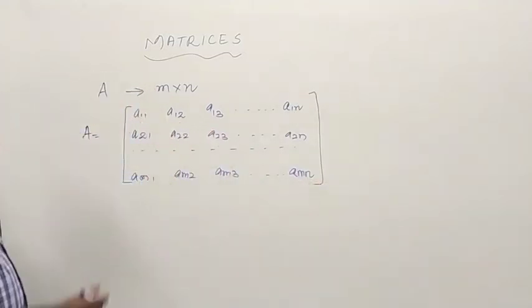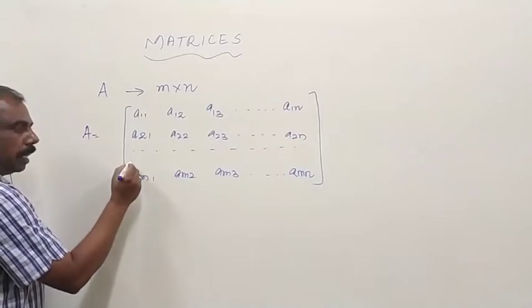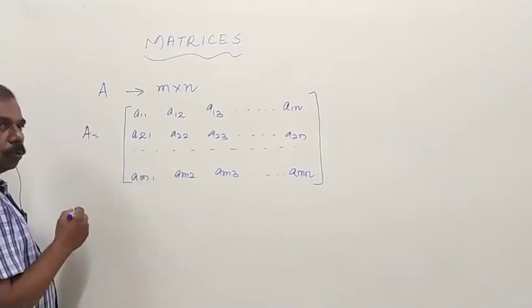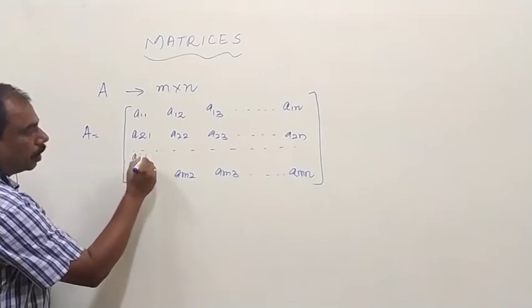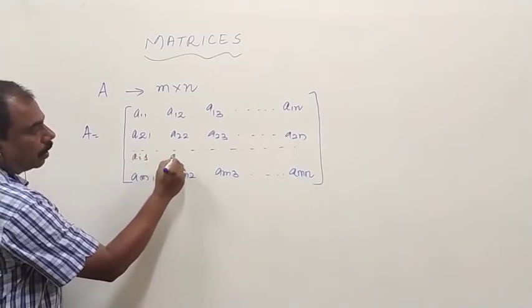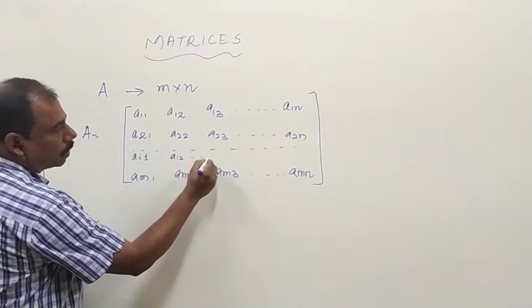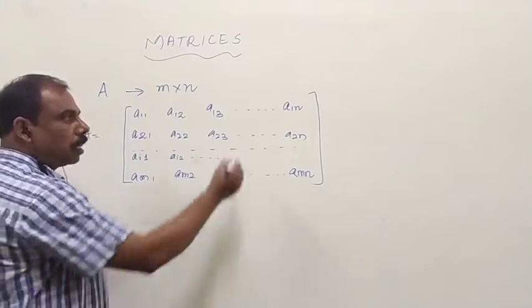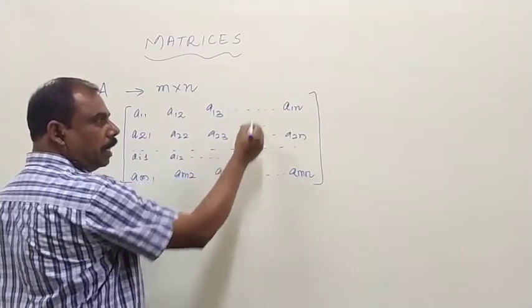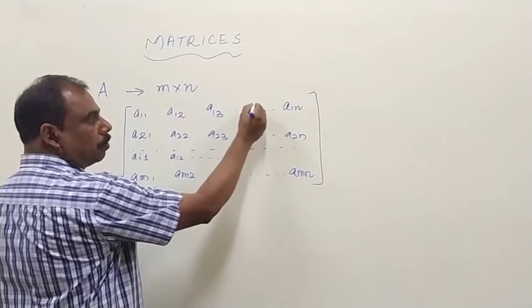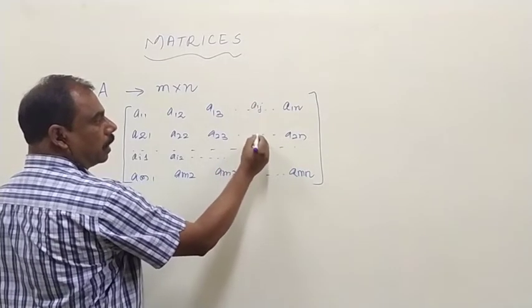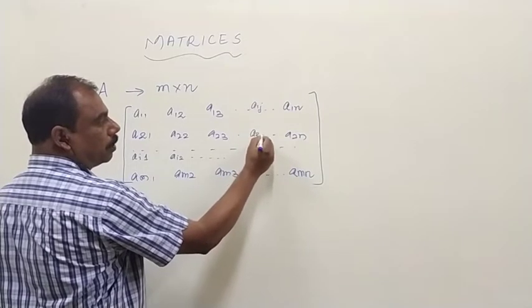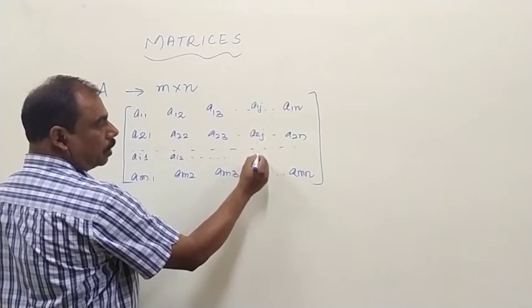Another thing we want to say: if we consider an element in the ith row, it will be of the form Ai1, Ai2, etc. And if you are considering an element in the jth column, it will be of the form A1j, A2j, and it's continuous.